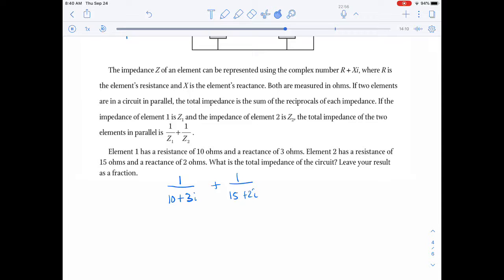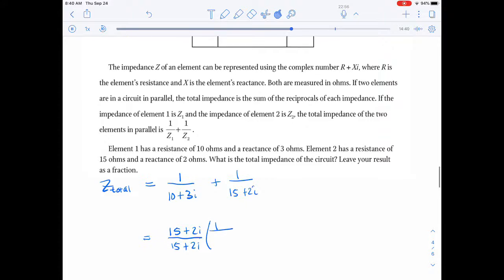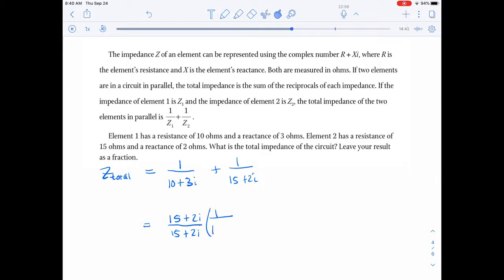We need a common denominator in order to add these two together. We need to multiply our first value, 1 over 10 plus 3i, by 15 plus 2i over 15 plus 2i. Our second value, we need to multiply top and bottom by 10 plus 3i.